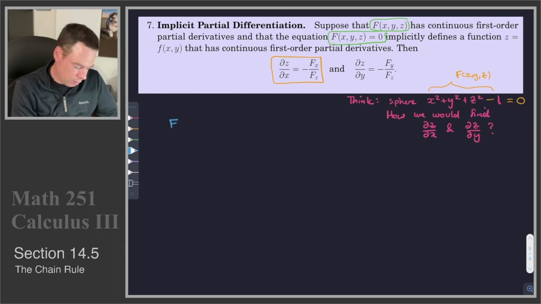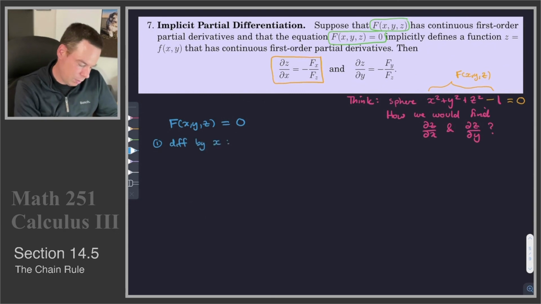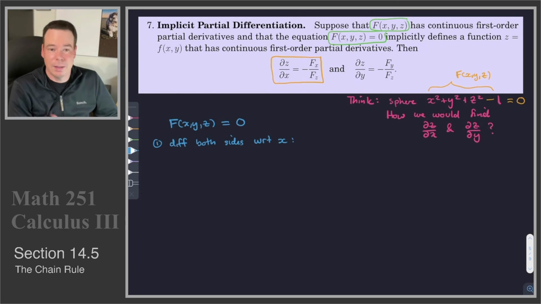So we're going to start with our equation for our surface. F of x, y, z is equal to 0. And step 1, we will differentiate both sides with respect to x. So when I differentiate the left-hand side with respect to x, it's a function of 3 variables, x, y, which is independent of x, and z, which is a function of x.